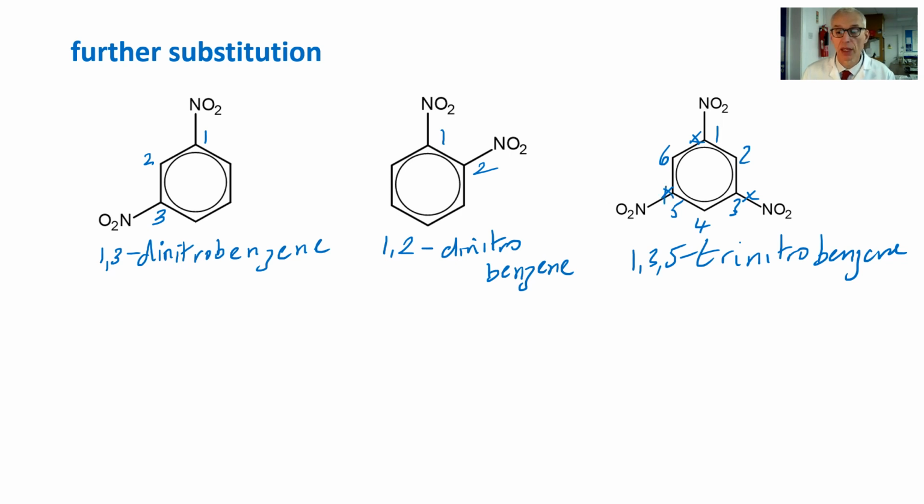Slip of the tongue. So 1,3,5-trinitrobenzene. So where there are more than one substituent, we need to put the relative positions on the benzene ring by numbering. So we decide on which is going to be carbon number 1 and go from there.